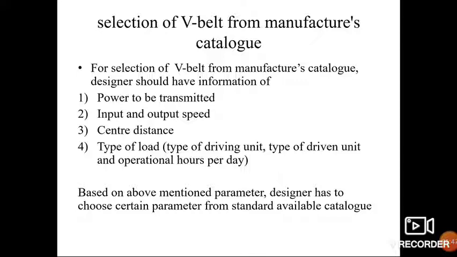Those are the input parameters that you should know as a designer. Based on those input parameters you will select a belt from the manufacturing catalog, as we have seen earlier for the flat belt also.